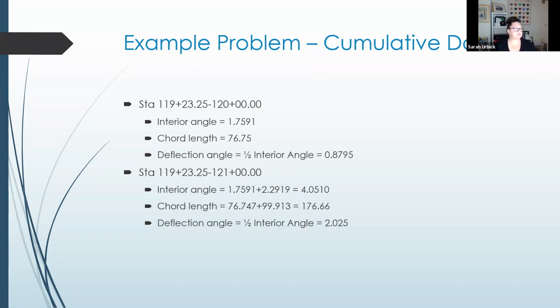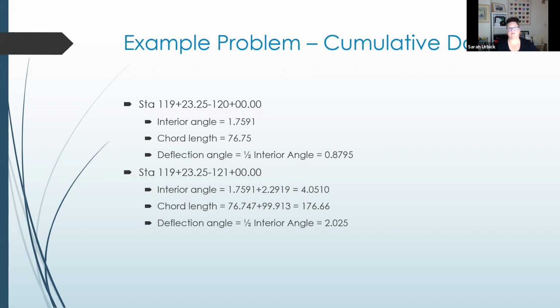All right. So now let's take from station 119 and go to our second point, which is going to be station 121. Our interior angle is our first angle plus our second angle. It's the opposite interior angle at each one of those tangent points, right? So we come up with 4.05 degrees.